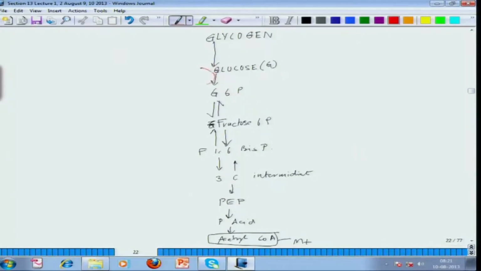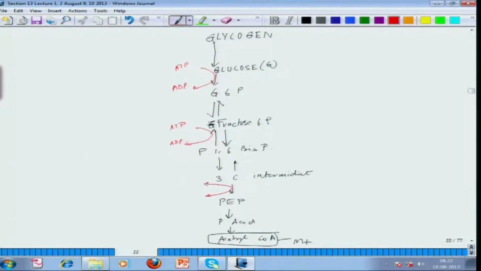what is happening is that from glucose to glucose 6 phosphate, ATP is being used up. That is the phosphate which is providing sufficient energy, and then from fructose 6 phosphate to fructose 1,6 bisphosphate, again an ATP is being used up to form ADP, and then from the 3 carbon intermediate to phosphoenol pyruvate.